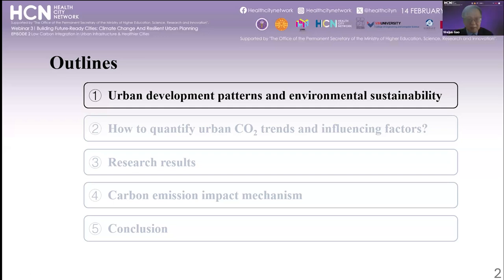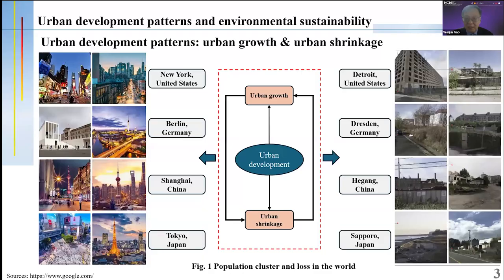The first is the urban development pattern and environmental sustainability. Around the world, cities are not always growing, right? We think the city is growing, but actually a lot of cities experience significant population loss.